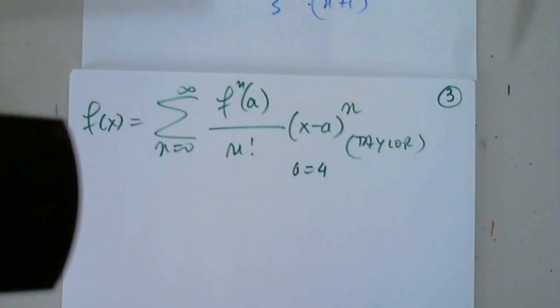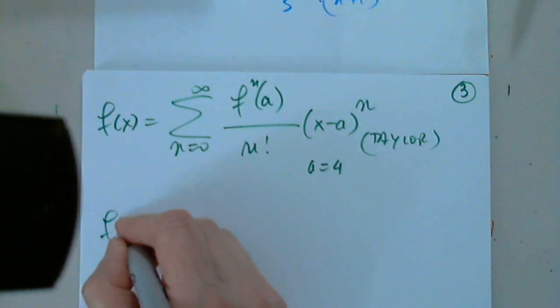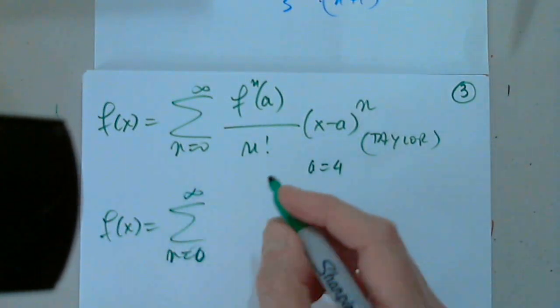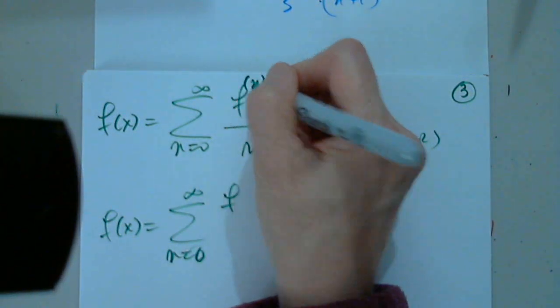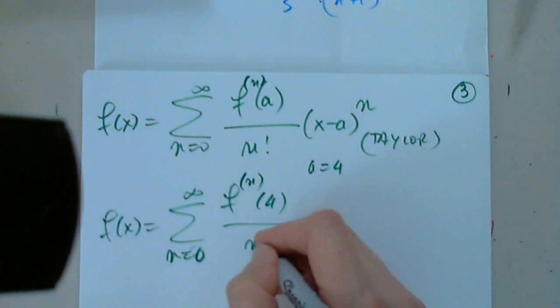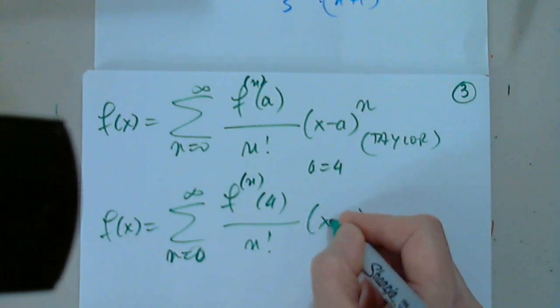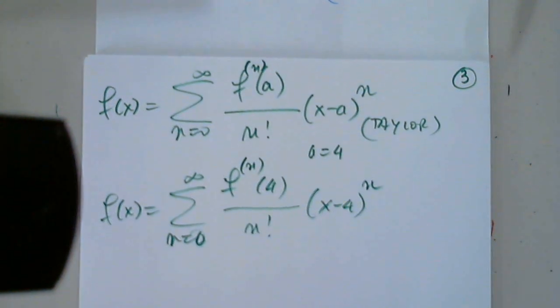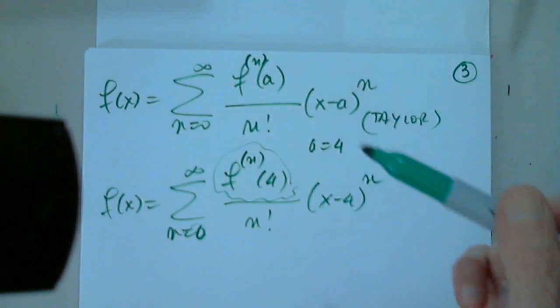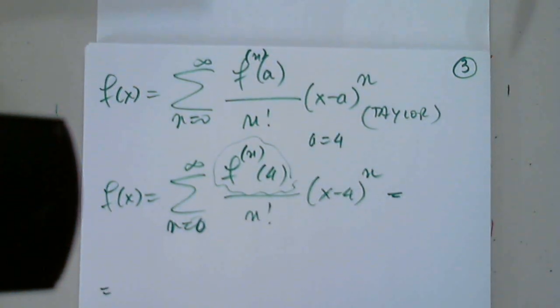So the function will be represented as f of x equals the sum from n equals 0 to infinity. The nth derivative has to be in parentheses, so the nth derivative at 4 over n factorial, (x minus 4) to the nth power. We are given this piece. We have it. So I'm going to replace it.